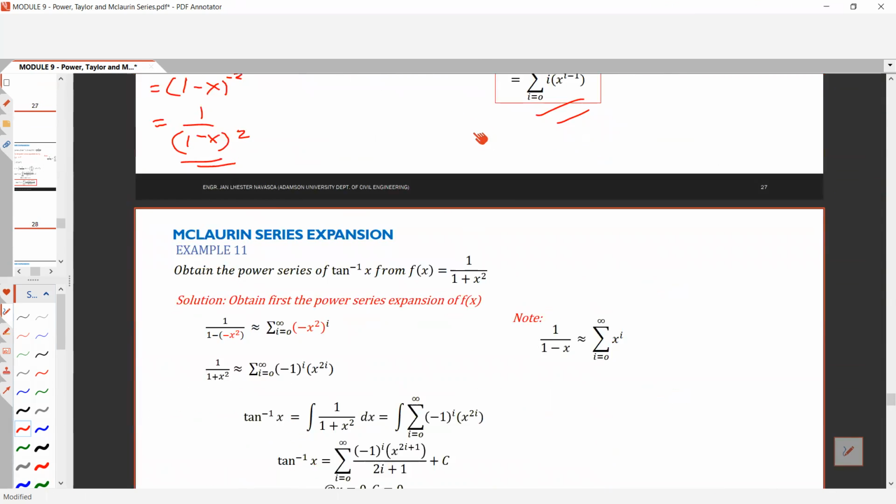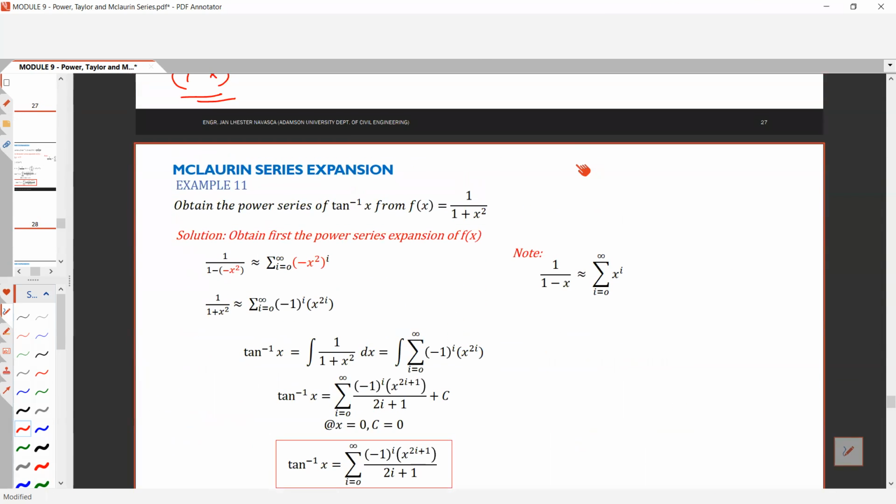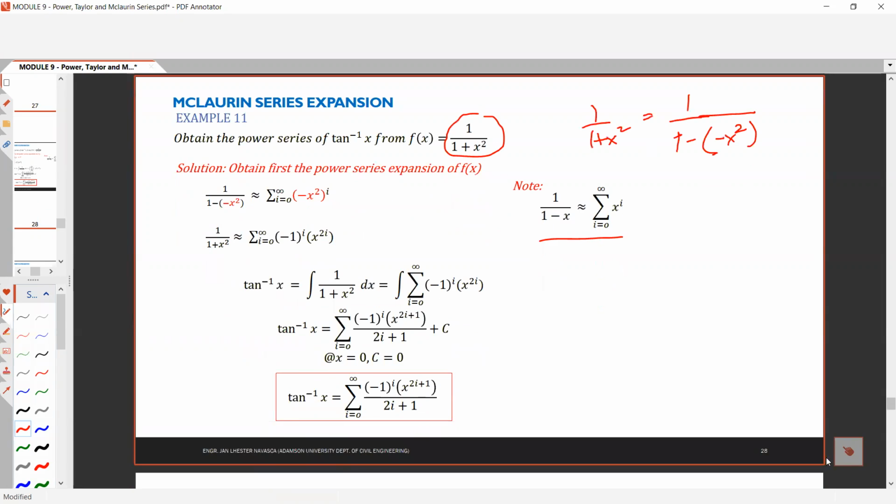Okay? So ayan. So first, obtain muna natin what is the Taylor series expansion of 1 over 1 plus x squared. So if we recall this one, simplify mo lang yung 1 over 1 plus x squared ng 1 over 1 minus negative x squared. Okay? So ayan na siya.